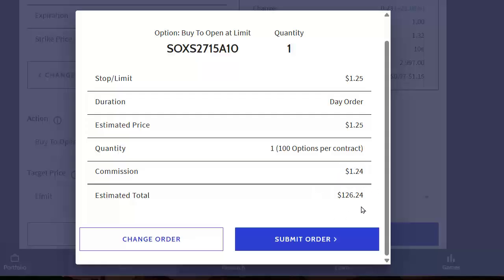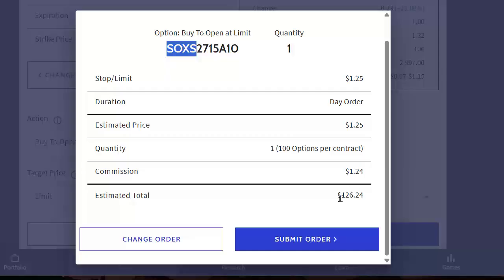And if this direction share goes up in value, this SOXS, if it goes up in value, then I'm going to be able to sell this call for more than $1.24 times 100. I might be able to sell it for $1.50 times 100.